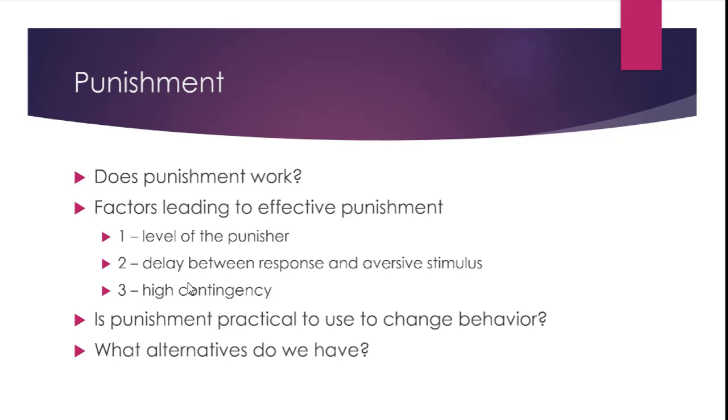Give some clear contingencies, explain to them why they're going into timeout, try to catch them in the act, that kind of thing. The other alternative to punishment is extinction. Stop rewarding undesirable behavior. This can be hard, particularly when you're talking about tantrums and things like that. I know you've seen the Super Nanny episode, but that's what you have to do, and keep putting them back into timeout, for example.